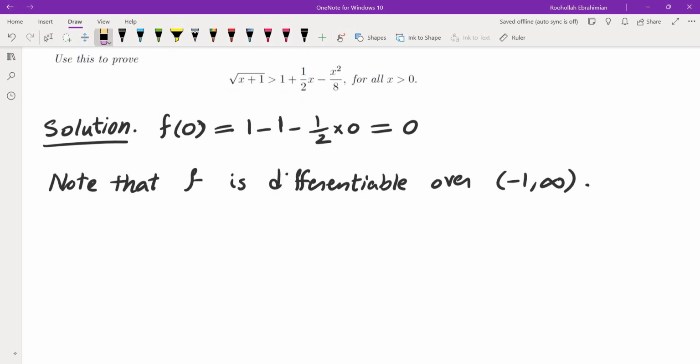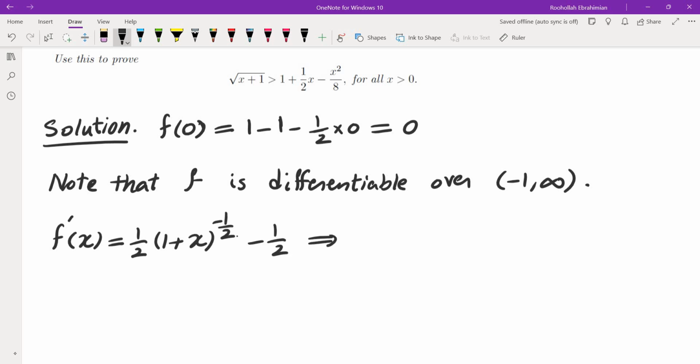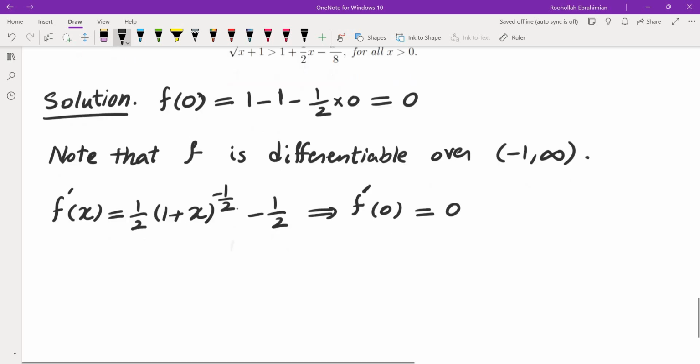So it is differentiable. So let's evaluate f prime of 0. f prime of x is 1 half times (1 plus x) to the power of negative 1 half, and then minus 1 half. So that means f prime of 0 is in fact 0.